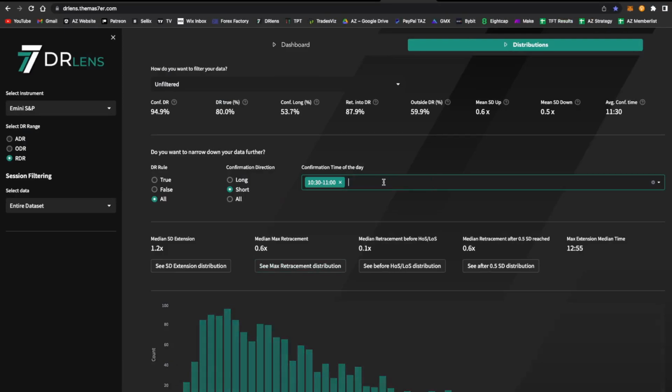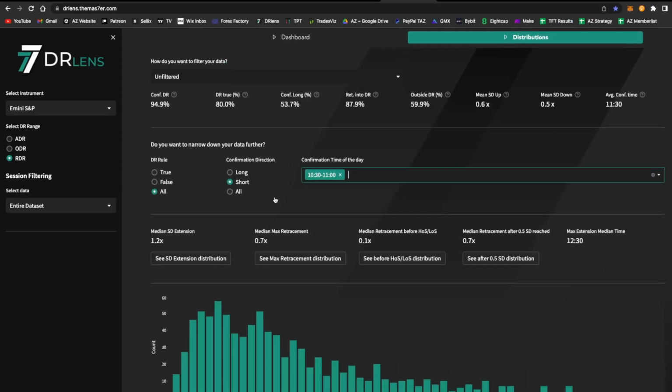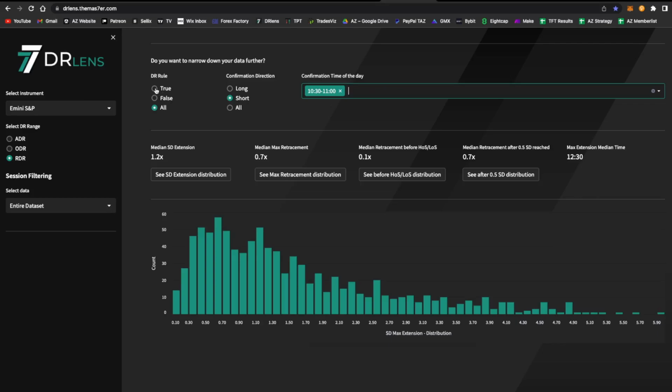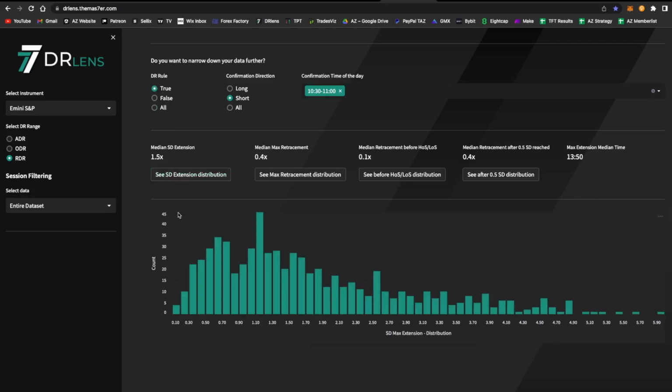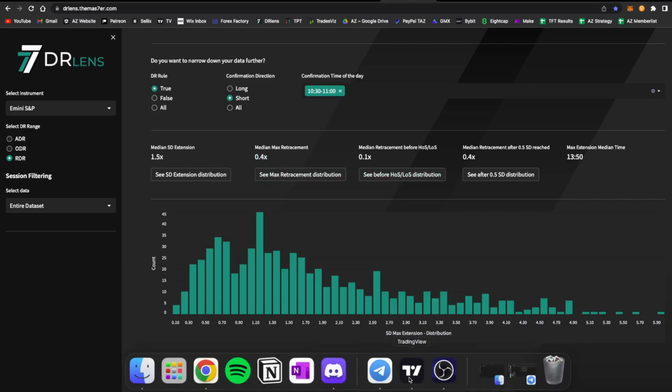So perfect. Let's say our rule holds true also for the DXY and everything is going to drop a little bit. We would be looking at a median standard deviation extension to the downside of 1.5. And we should hit that deviation by 1:50 p.m. So let's see, on the median max retracements, it should be 0.4. So that's all done live.